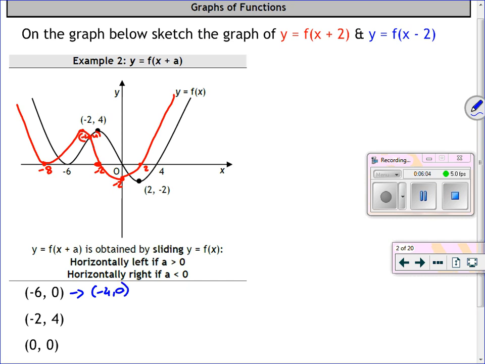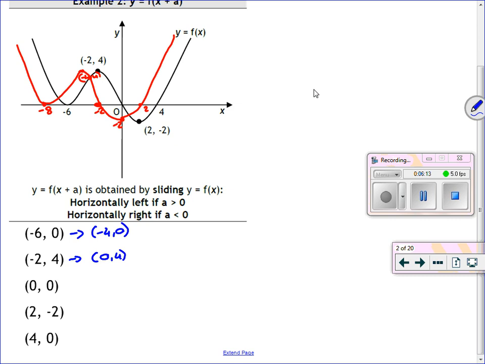Keep y the same. Minus 2, 4, add 2 to it, becomes 0, 4. 0, 0, add 2 to it, becomes 2, 0. 2, minus 2, add 2 to it, becomes 4, minus 2. And 4, 0, add 2 to it, becomes 6, 0.